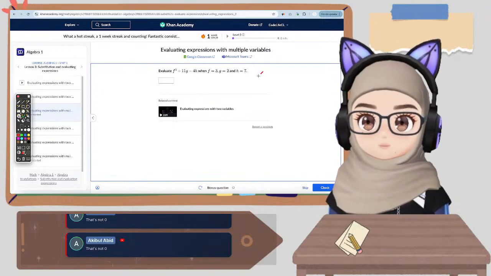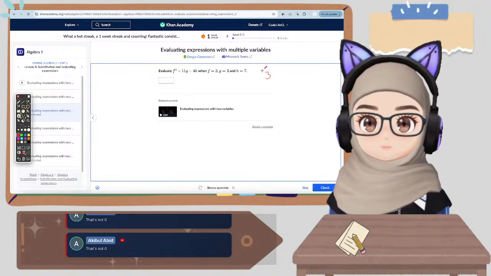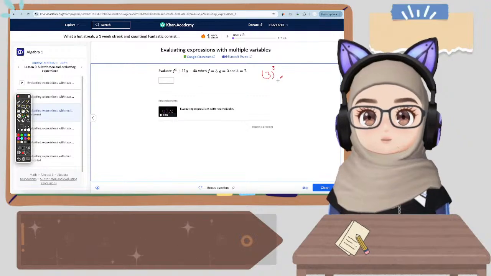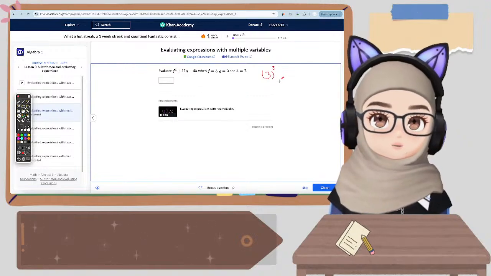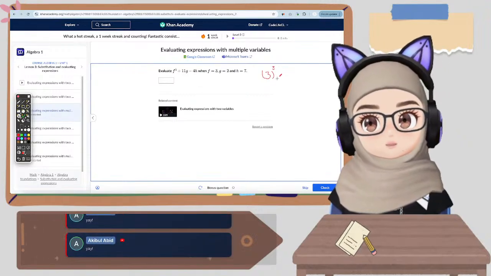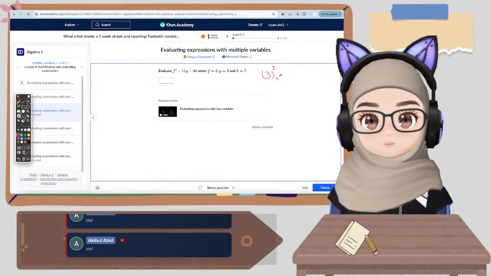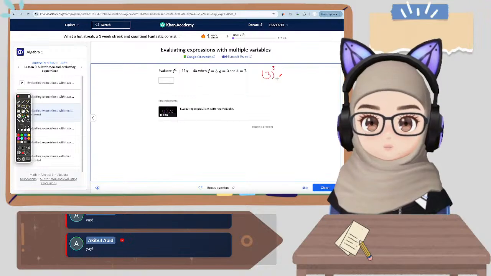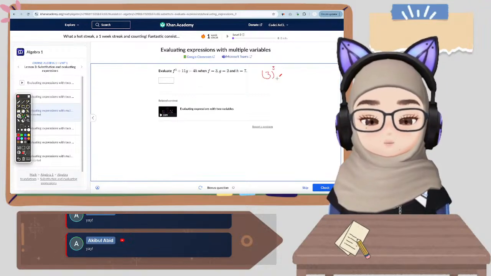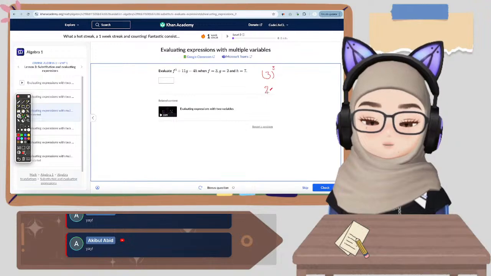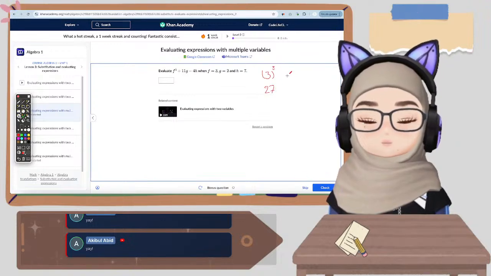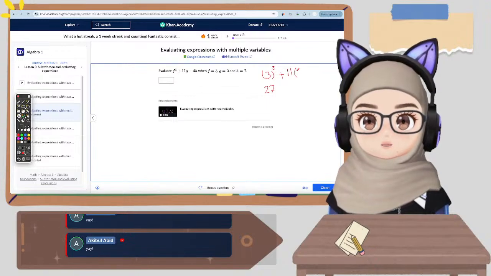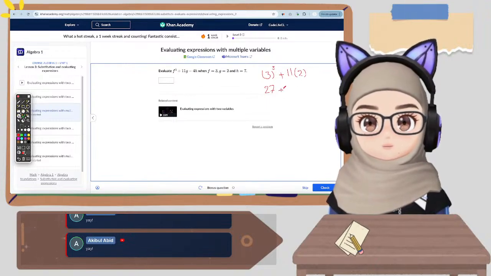So we have 3 squared, but not really, because it's 3 cubed. I'm gonna use a calculator. It's 3 times 3 times 3, which is 9 times 3, which is 40. Wait, no, 27. Okay, so this one is not too difficult. This one is 27. Okay, that was doable. Plus 11 times g, g is 2, so that's a 22.